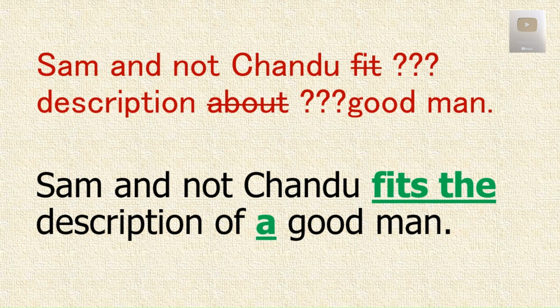Now the mistake is that although there are 2 people mentioned, Sam and Chandu, look at the conjunction which joins it, and not. So it is not Sam and Chandu, but not Chandu. That means out of 2, subtract 1.